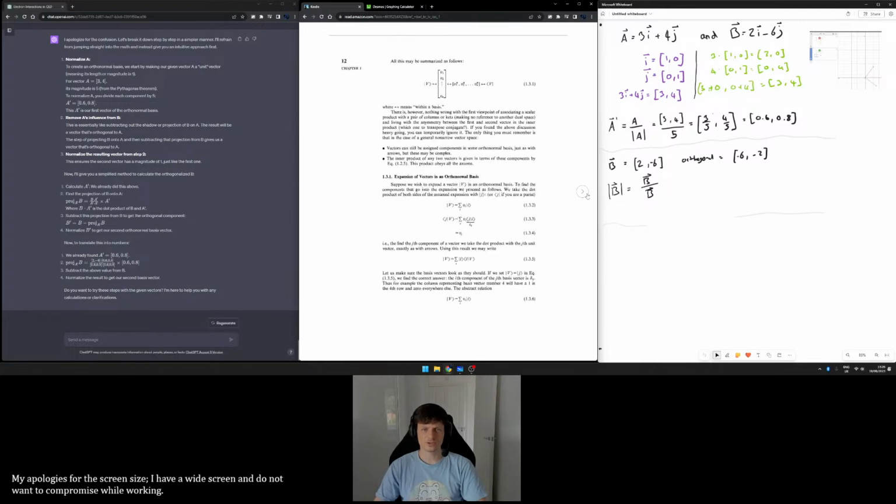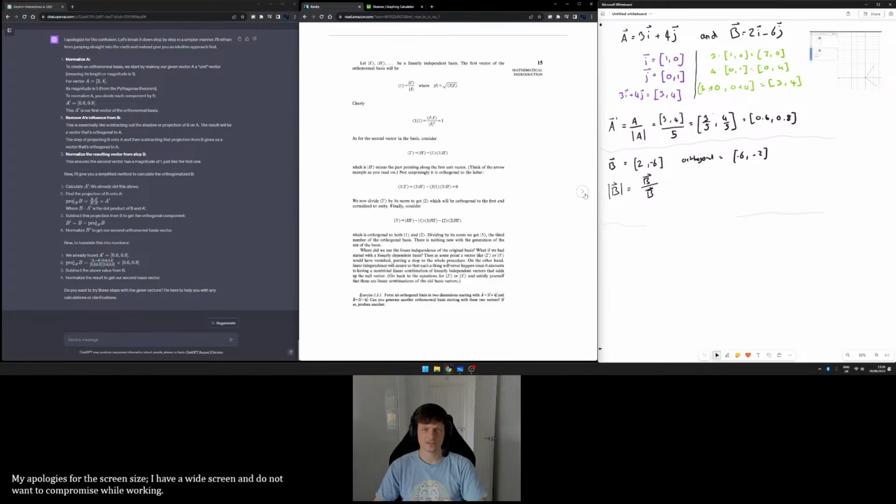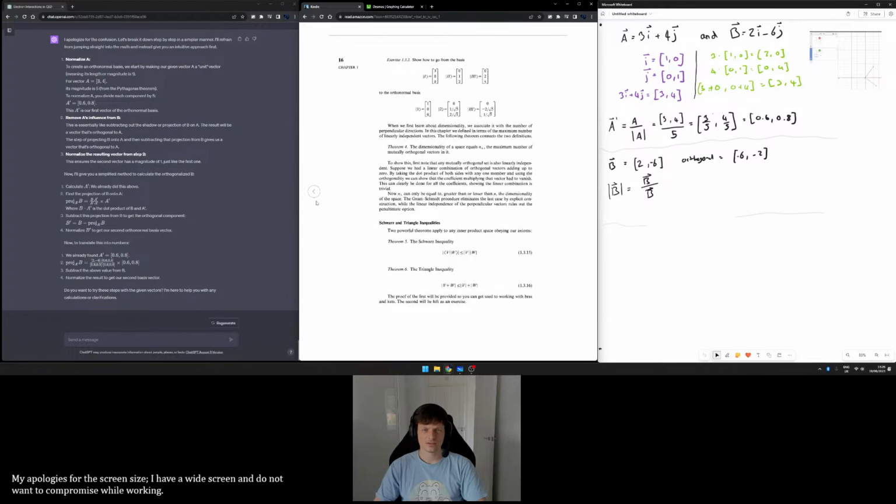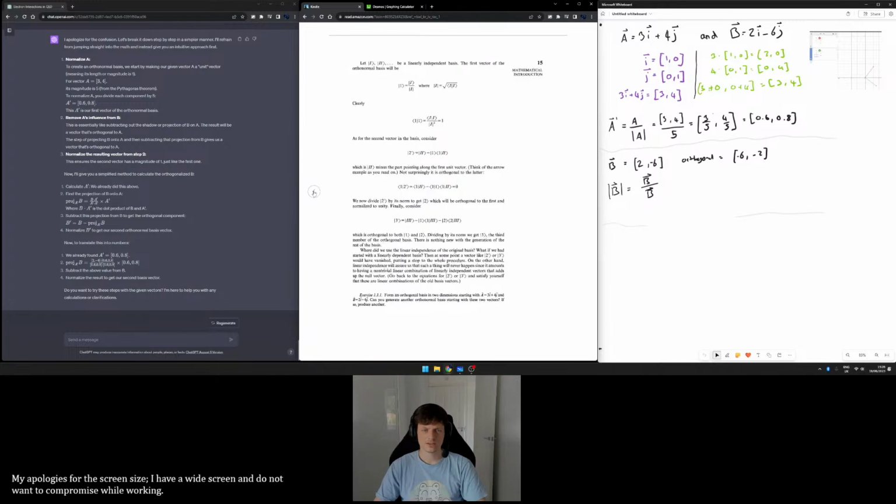No, because this was just talking about all the... yeah, no. So B times A. So it says find the projection of B onto A. So where B times A prime is the dot product of B and A.